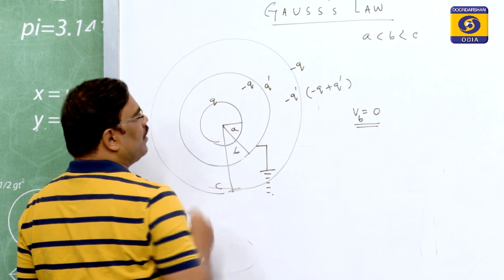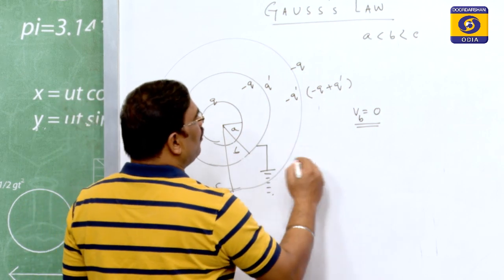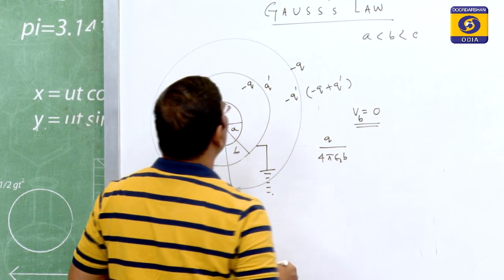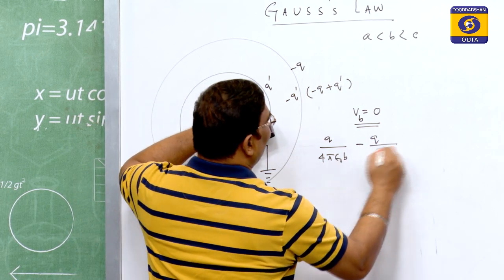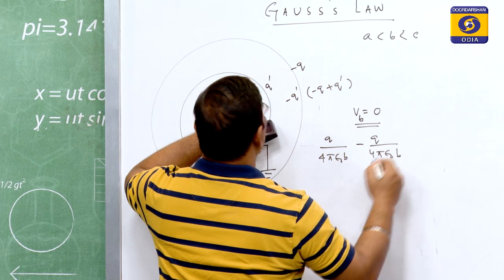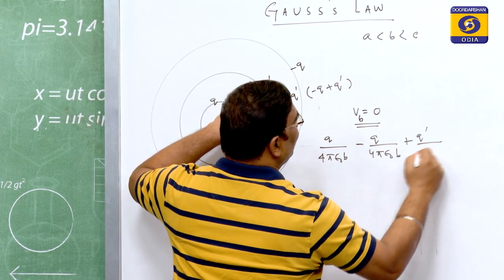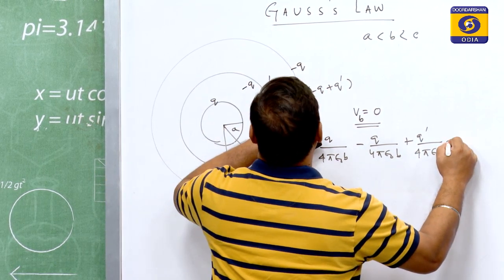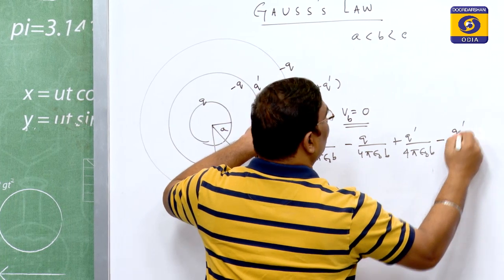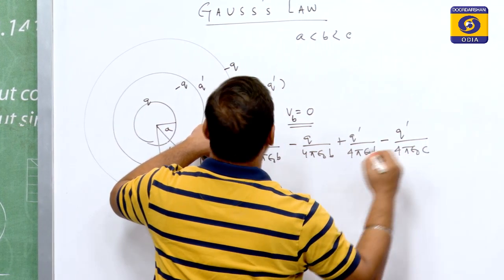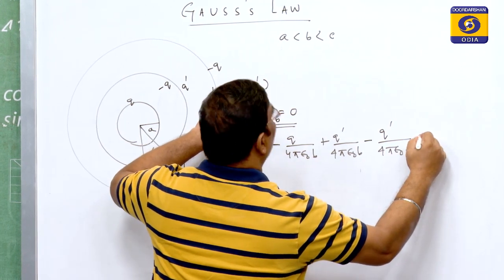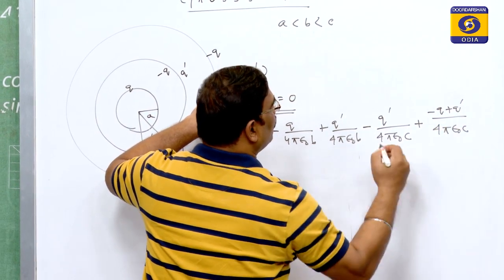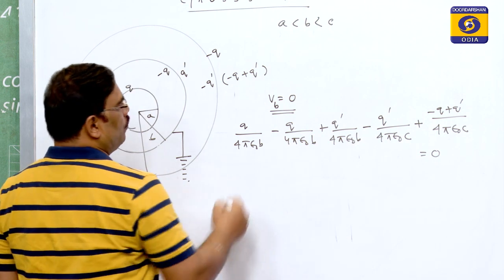Due to the charge on sphere of radius A, the potential on B will be Q divided by 4 pi epsilon 0 B, minus Q divided by 4 pi epsilon 0 B plus Q dash by 4 pi epsilon 0 B, minus Q dash by 4 pi epsilon 0 C, plus minus Q plus Q dash divided by 4 pi epsilon 0 C, and this is equal to 0.